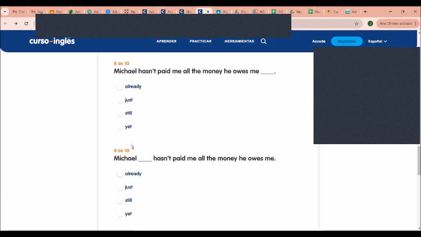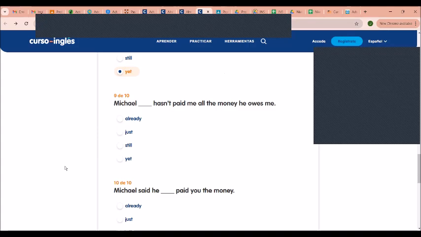Microphone working? Yes. Okay. Mitchell hasn't paid me all the money he owes me yet. Exactly. Usually at the end of a sentence, we use yet. Now, just before our verb, what do we use?